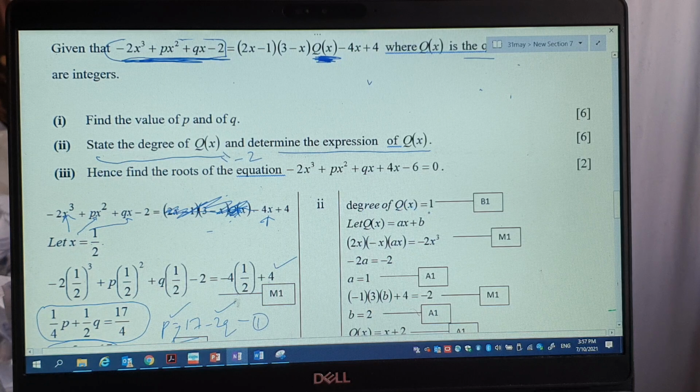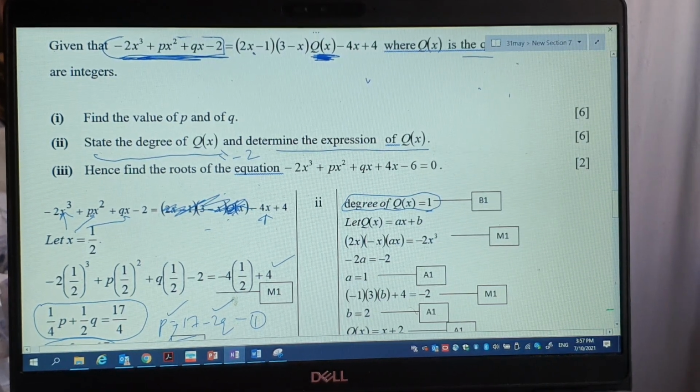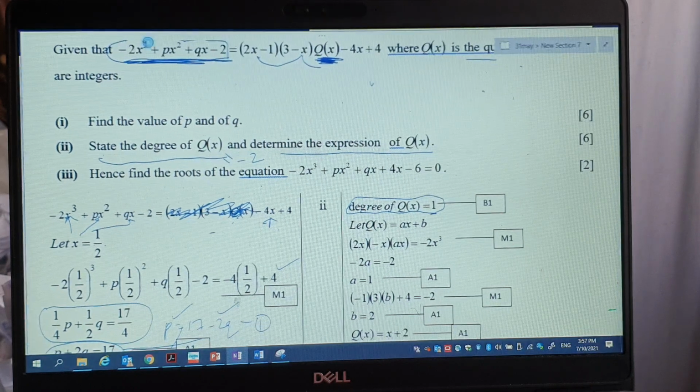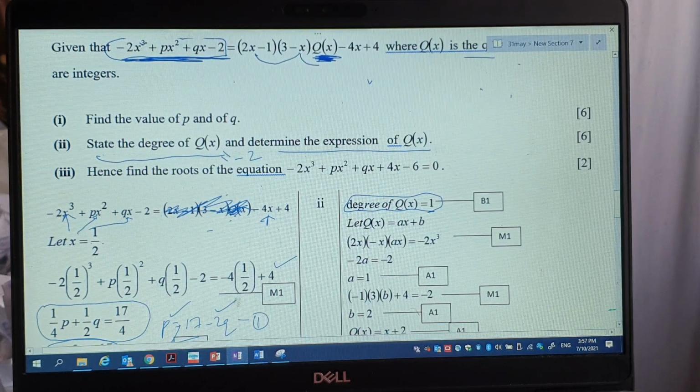Why is the degree of QX equal to 1? Because this times this is x squared already, right? So in order to get x cubed, which is the degree of the polynomial on the left, I must have something x here. So x times x times x is x cubed. So the degree of the highest power of QX must be 1.